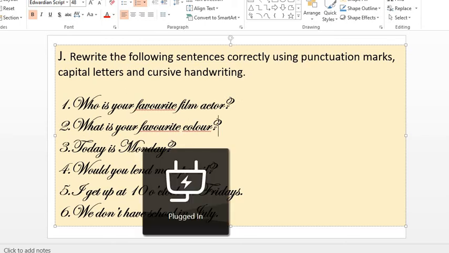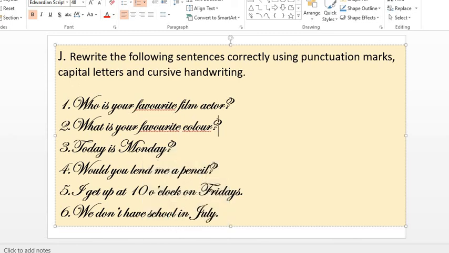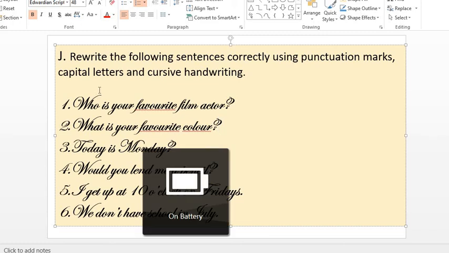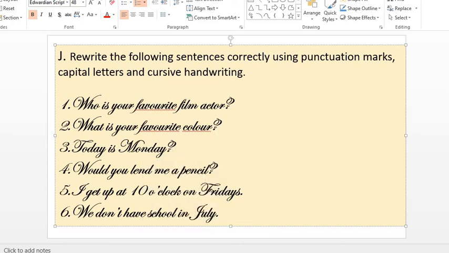I use the capital W because this sentence starts with W, and this is a question. We ask for some information. That means it's a question, and we use question mark at the end of this sentence.